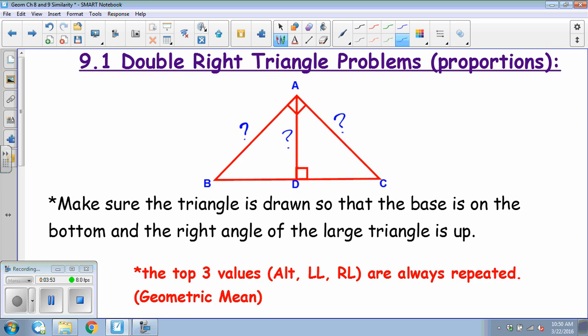In order to work these problems, there are 6 different values. We just see the first 3: 1, 2, 3. Those are going to be lengths of those segments. Then we have this segment, this segment, and the whole segment. So there are 6 different segment lengths that you could possibly have.